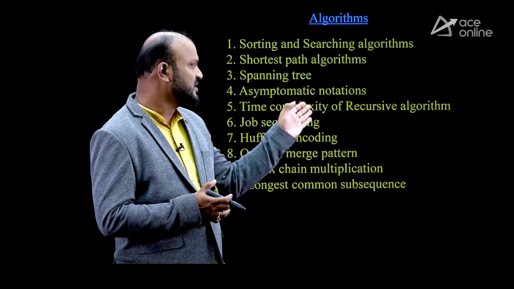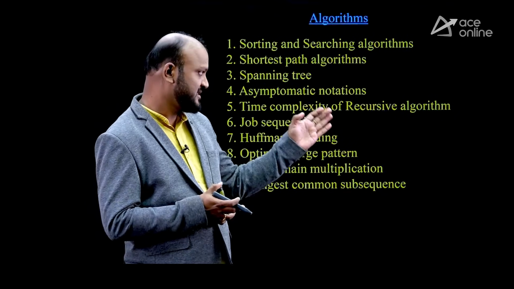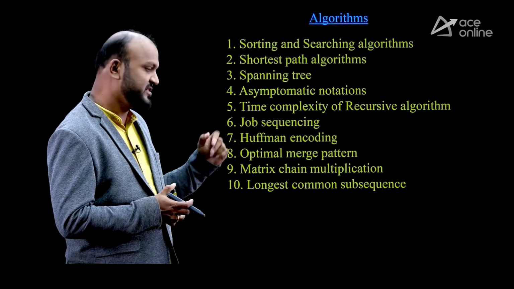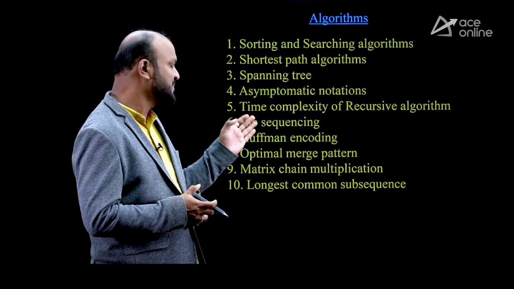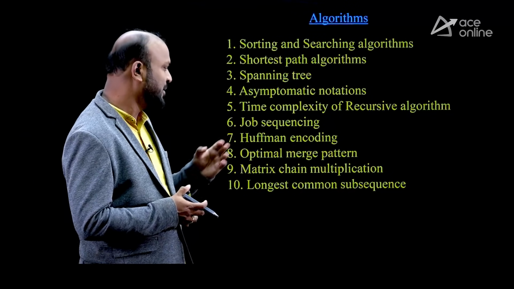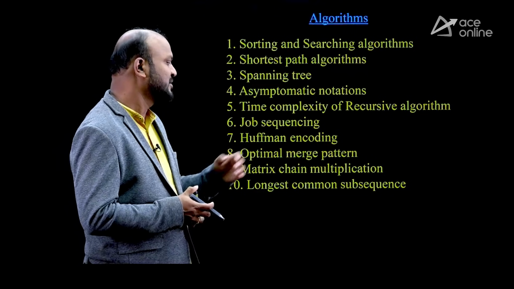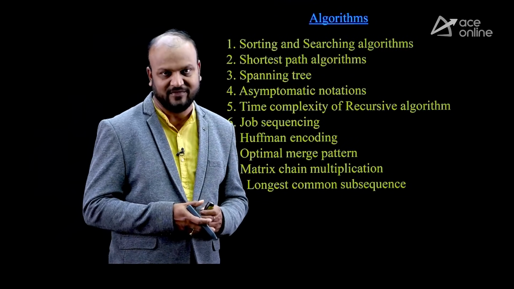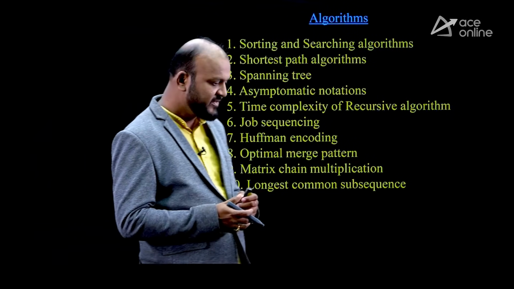Then you can focus on time complexities of recursive algorithms, which is similar to the recursion topics in programming and data structures. Then when it comes to the greedy method, you can focus on job sequencing, Huffman coding, optimal merge patterns. And then dynamic programming, you can focus on matrix chain multiplication and longest common subsequence. This is all about the algorithms.